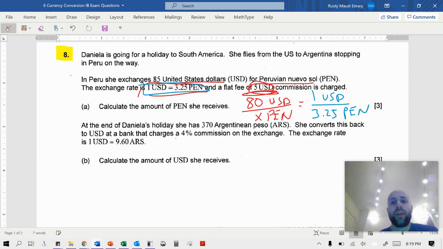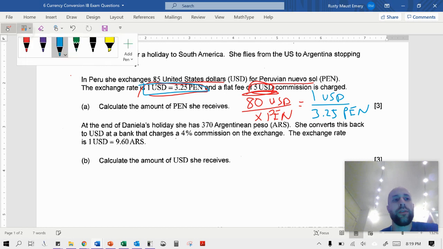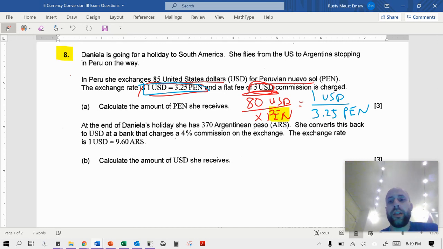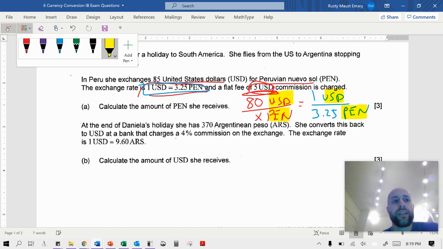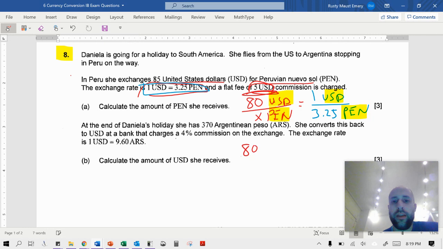Notice if I set this up with a proportion, my units line up in terms of the fraction. I could also set this up using dimensional analysis: 80 US dollars, stick that over 1 and then multiply by my conversion. But if I'm going to do it this way, I have to make sure my units cancel.